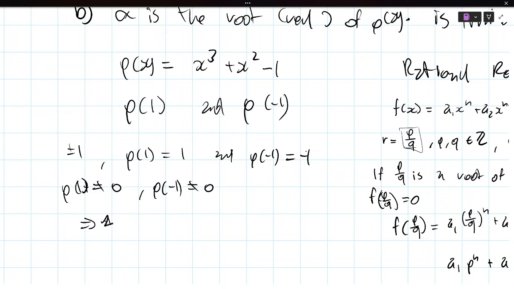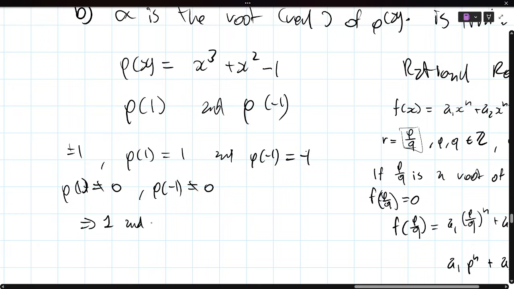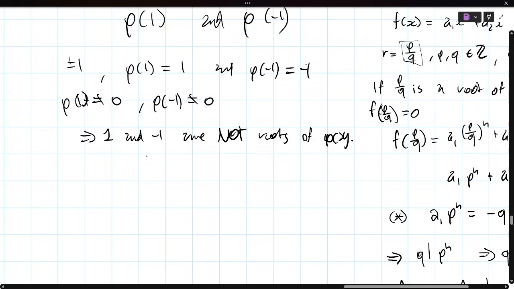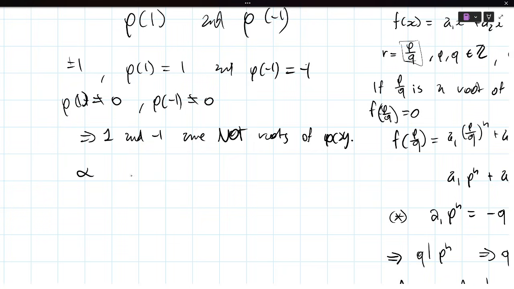Therefore, 1 and minus 1 are not roots of P(x), and because these are the only possible candidates, the real root, the actual root alpha, must be irrational.